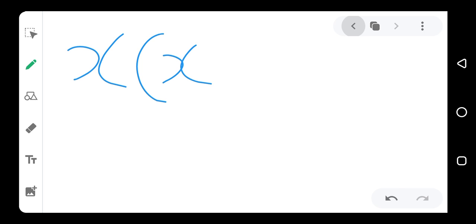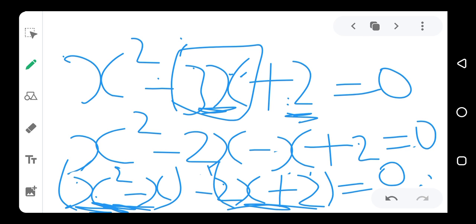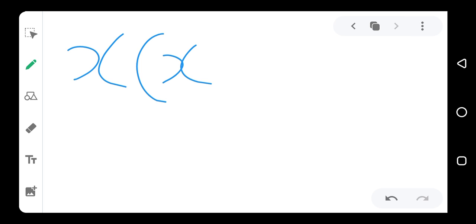If you say x squared divided by x, you are going to get only one x. So we have x outside a bracket. Then use this x to divide x squared, you are going to get x. This is minus, so minus x divided by x, x divided by x will give us 1.